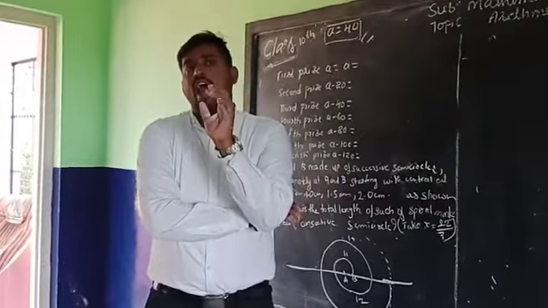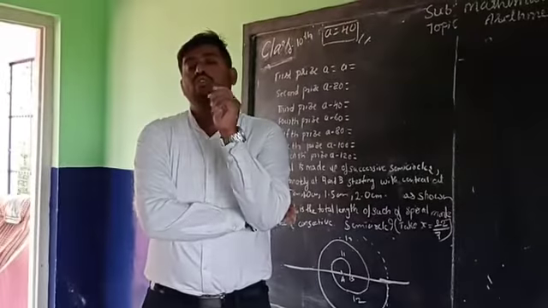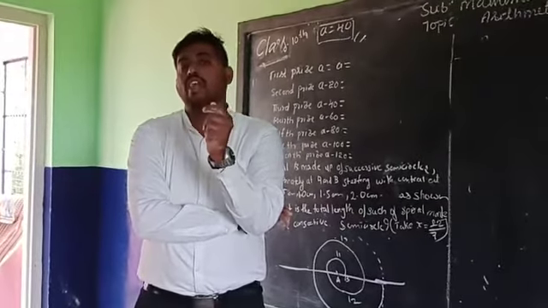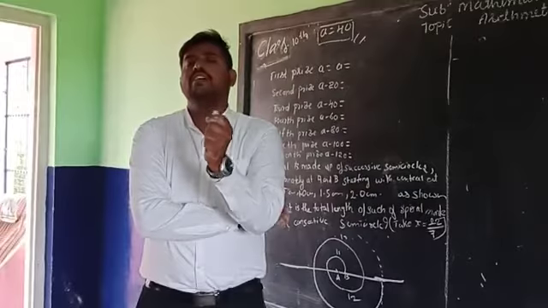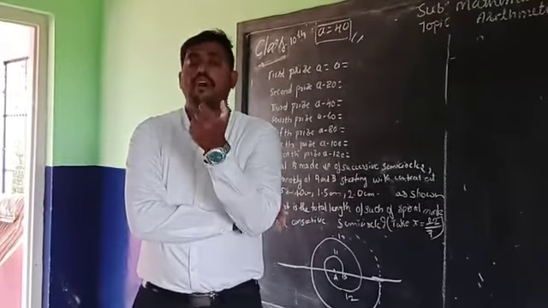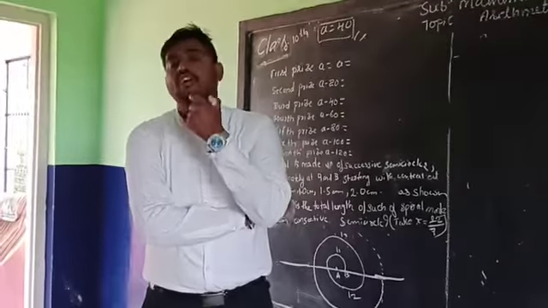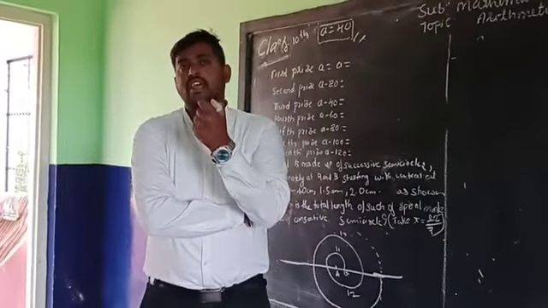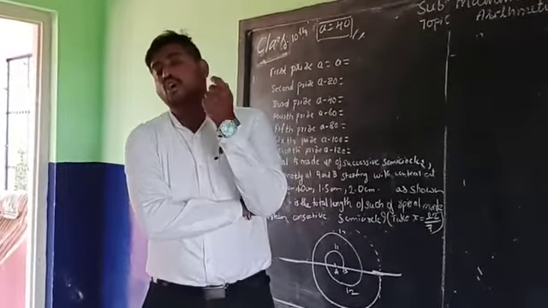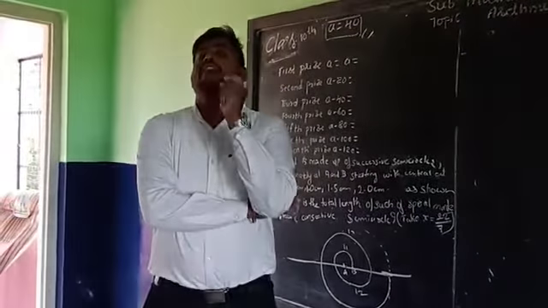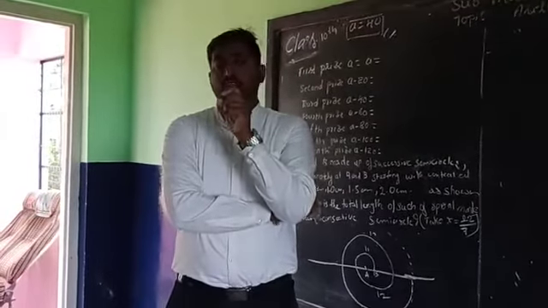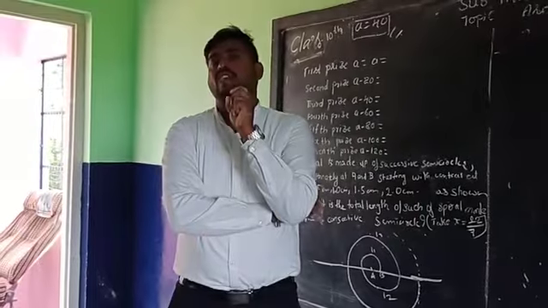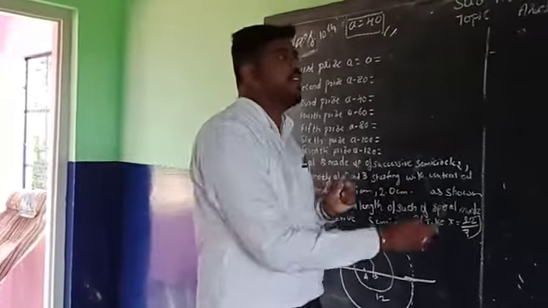Next, the 7 prizes for the overall academic year. And one more thing is given: each prize is less than the preceding prize by rupees 20, which means the common difference is given. Next we have to find the 7th term.